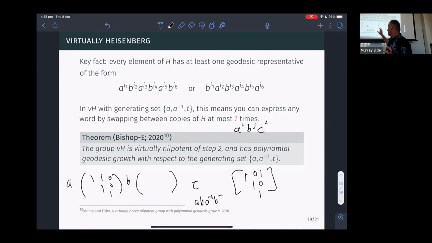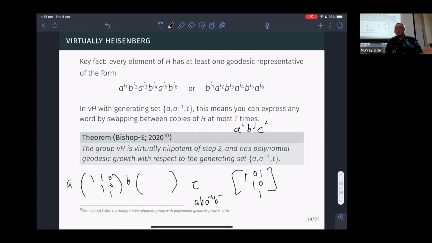But that's not a very geodesic way to go, because the amount of times you switch between A and B costs you C's at the end of the word. So if I had ABABABAB, and I tried to push it into that form, the C would just go through the roof.